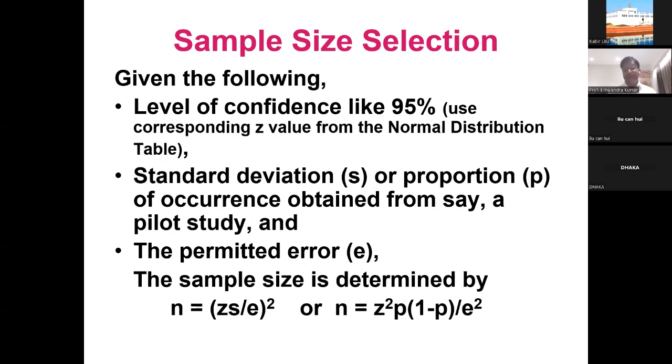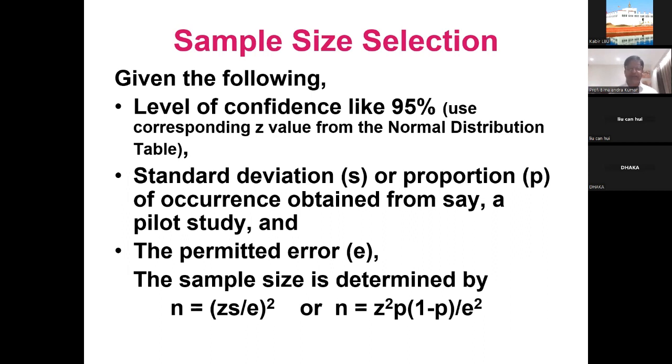So the sample size is determined by n. If you go through that, you will see that P shows the proportions, S shows the standard deviations, and Z is the value which makes the result.